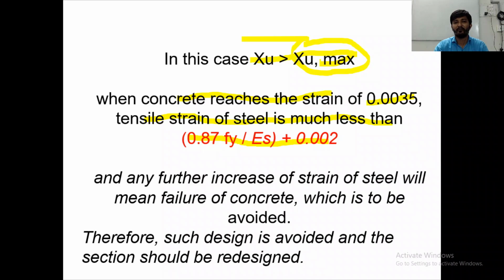Concrete is reaching its full value 0.0035, but the tensile strain in steel is not reaching that value, and any further increase of strain will mean failure of concrete, which is to be avoided. Therefore, such a design is avoided and the section should be redesigned. Mostly, over-reinforced designs are avoided and we need to redesign to make it an under-reinforced section.